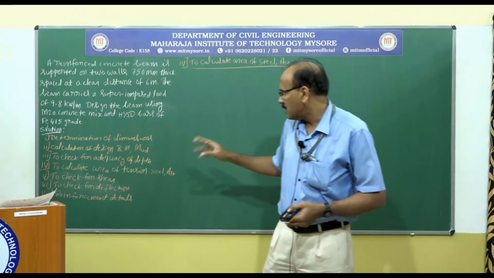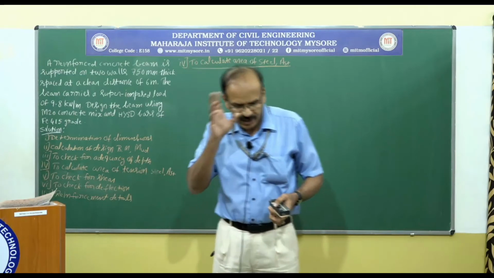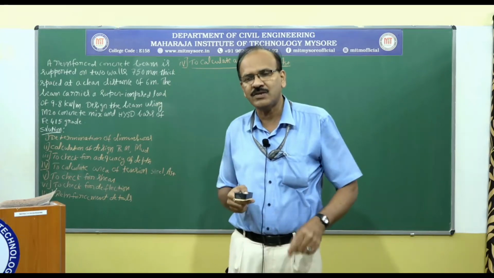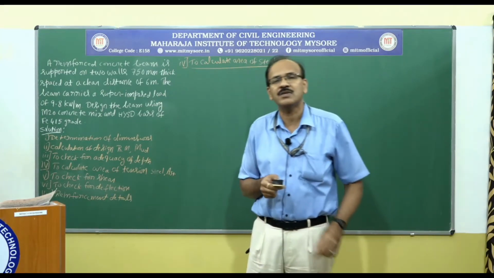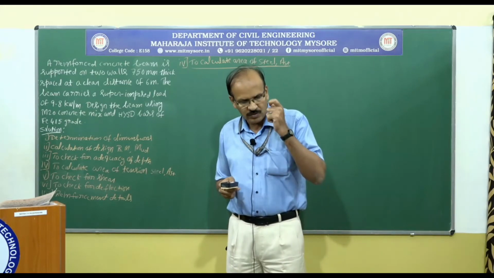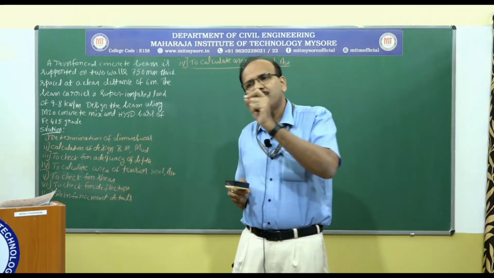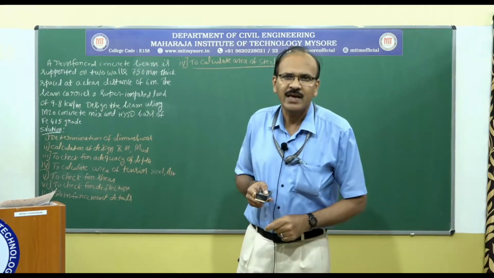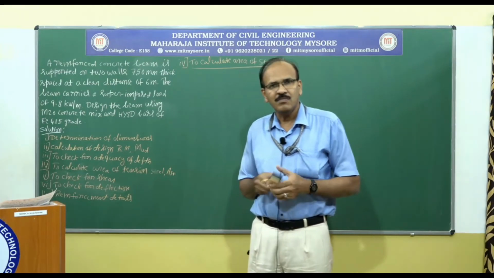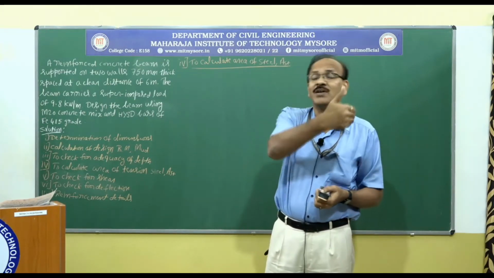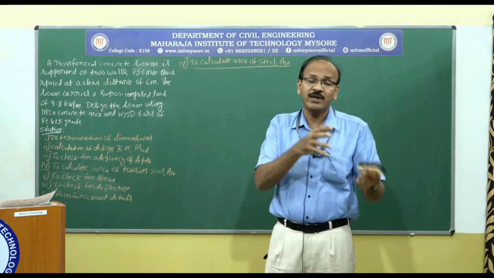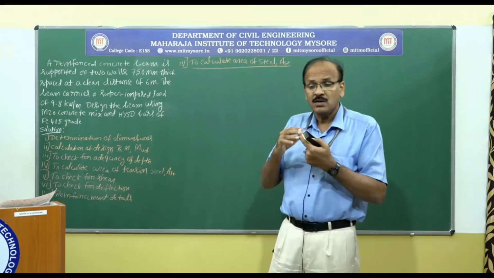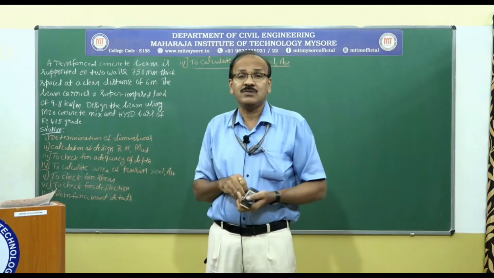And in this step, to check for adequacy of depth, what we did was we made use of the formula of MU limit equal to something as given in 1.1c on page 96 of the code book. So when we calculated the minimum effective depth required to take care of flexure, we got the value of D required equal to 350 millimeter, but D provided was 412 millimeter. So we provided more than what it was required. So once we increase the depth, what happens is the lever arm increases.